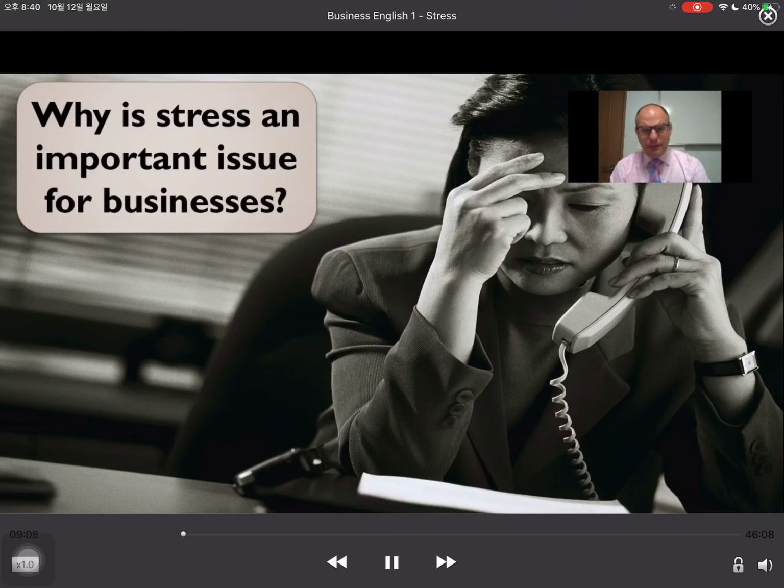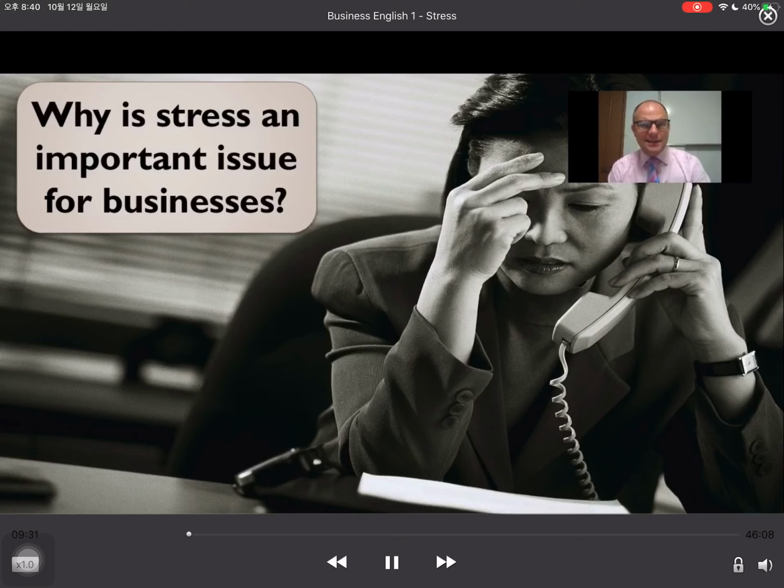If people are stressed in their job, they tend to quit jobs. So it's difficult to keep hold of your staff. Maybe you're spending money on training them up, but then they're so stressed they just leave. Then you've got to hire somebody else. You've got to train them again. This is all money. It's going to cost the business money.